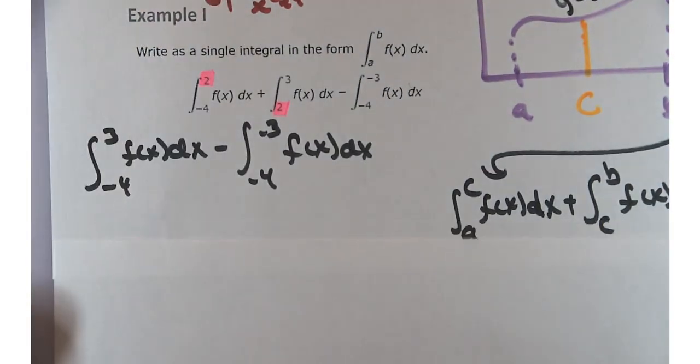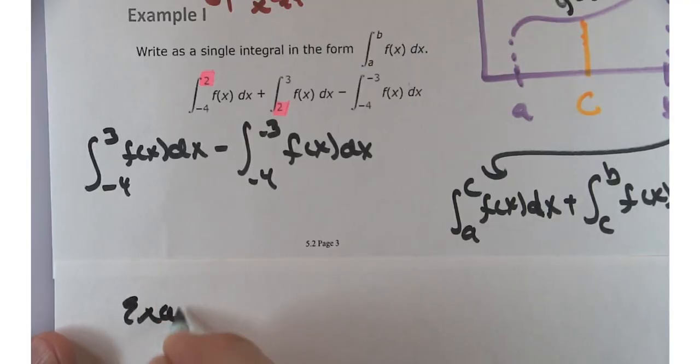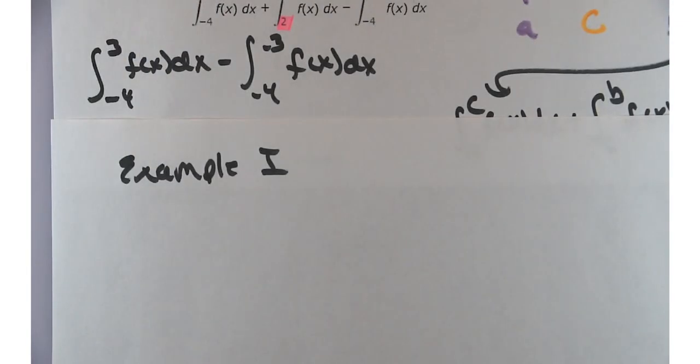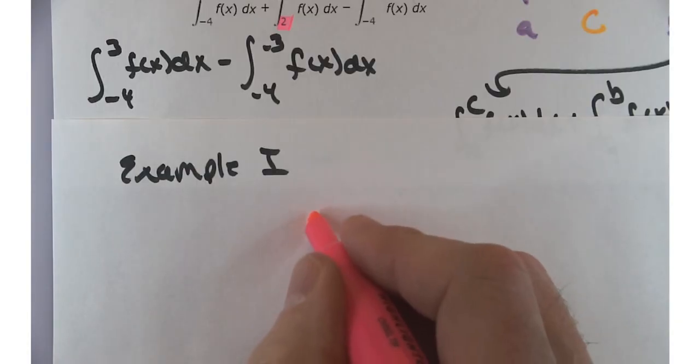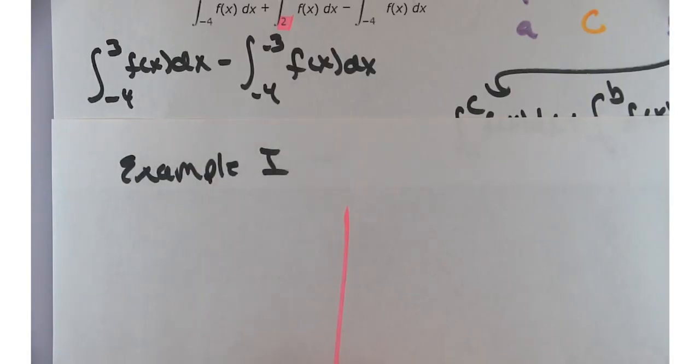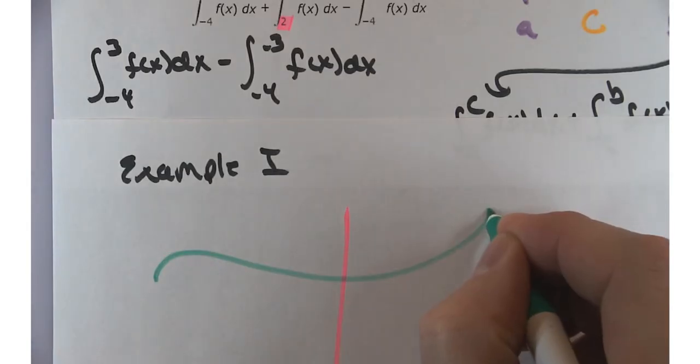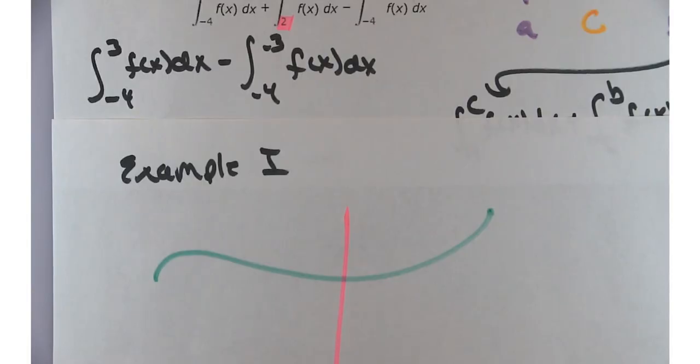So this is example I. And I want to graph this function between negative 4 and 3, and negative 4.